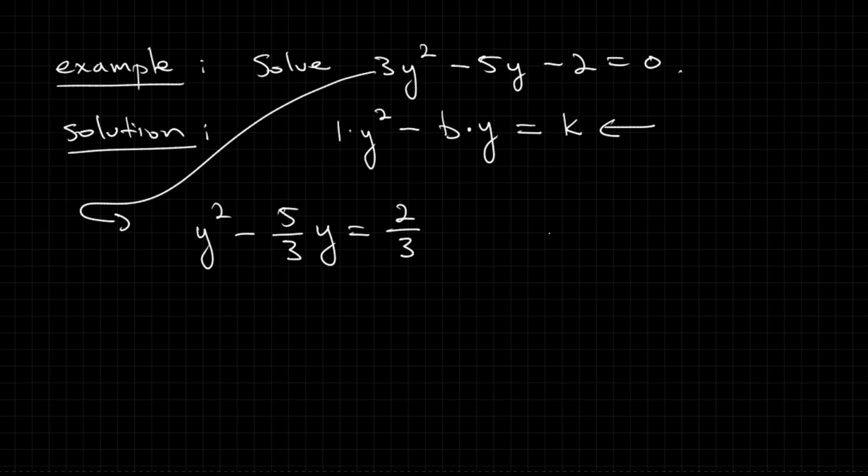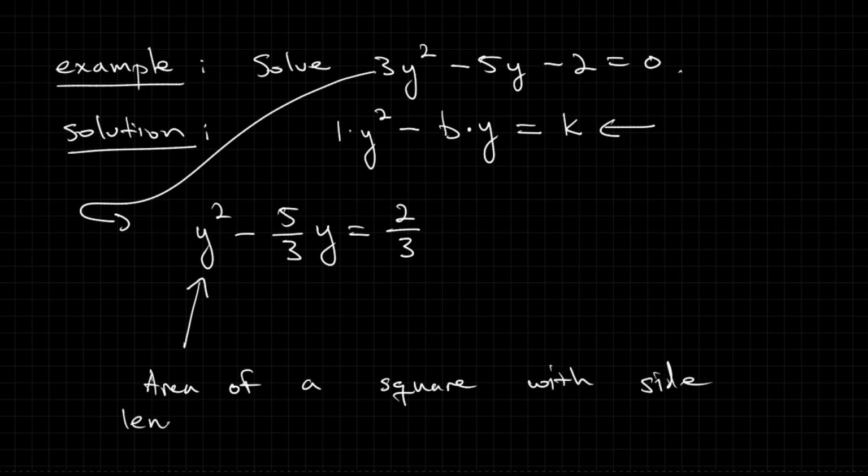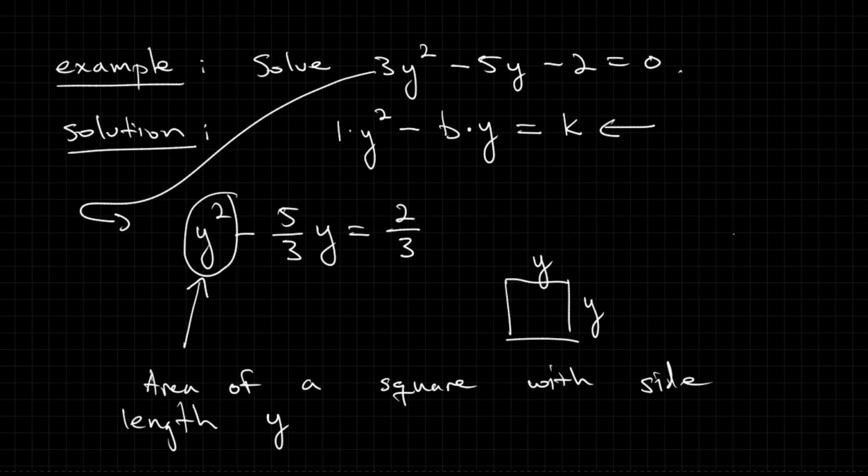So what we're going to do here is notice that this y squared is the area of a square with side length y. So essentially, if you have a square and it has side length y, then y squared represents the area of that particular square.